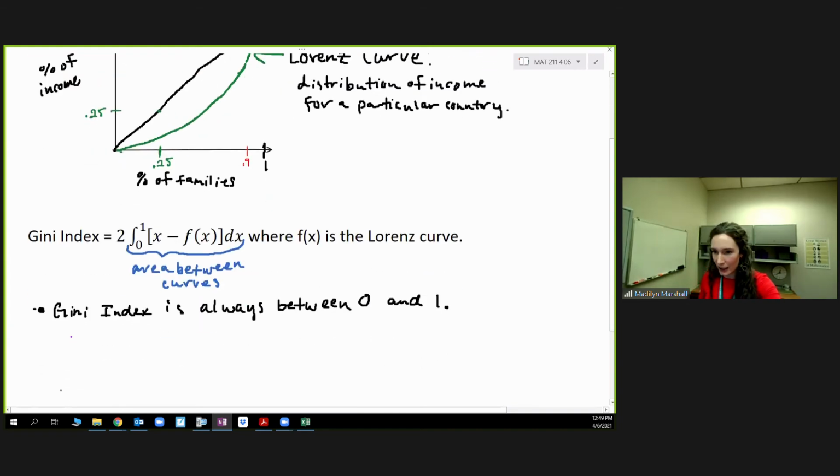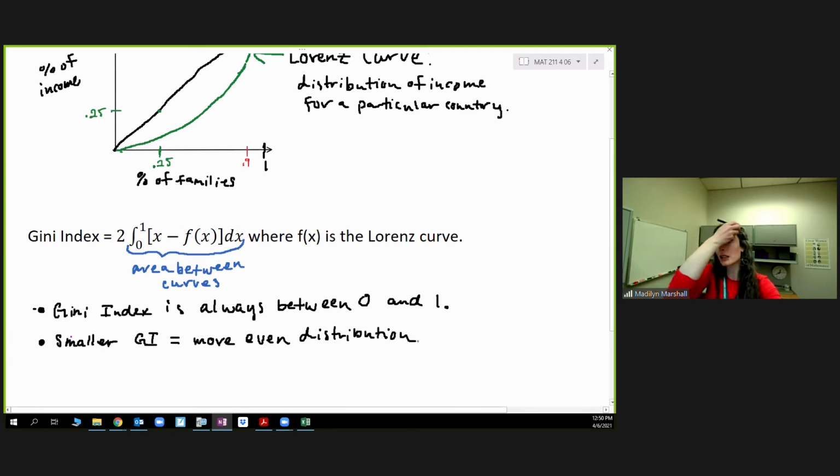The other thing to keep in mind with the Gini index, which I'm going to abbreviate with GI, is that a smaller Gini index means a more even distribution.